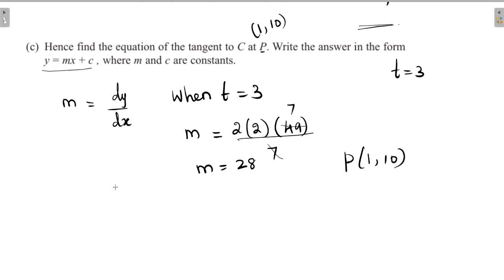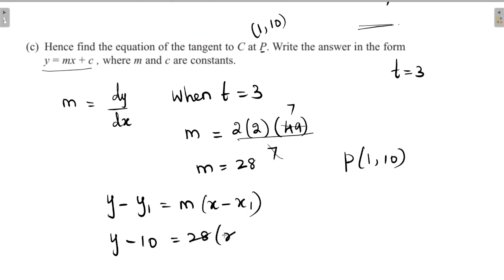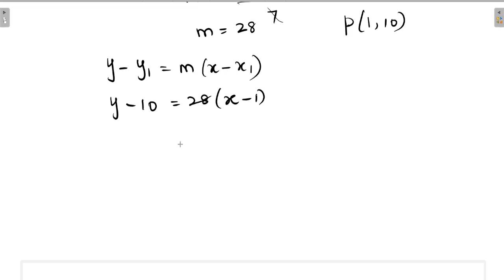With the help of one point and the gradient, y minus y1 equal to m times x minus x1. Use the point x1 and y1. So y minus 10 is equal to 28 times x minus 1. Now we can remove the bracket and write the equation of the line in the form y equal to mx plus c.